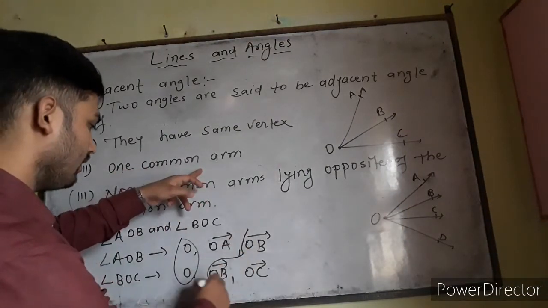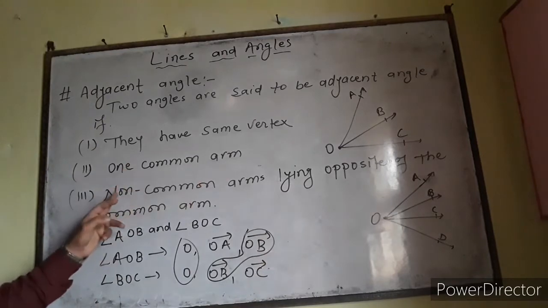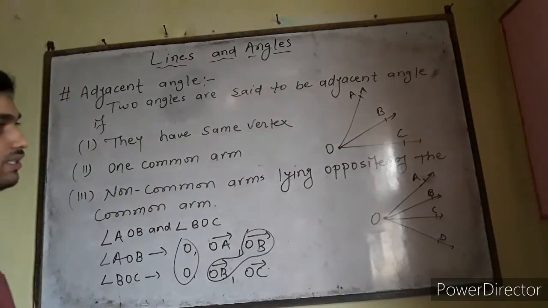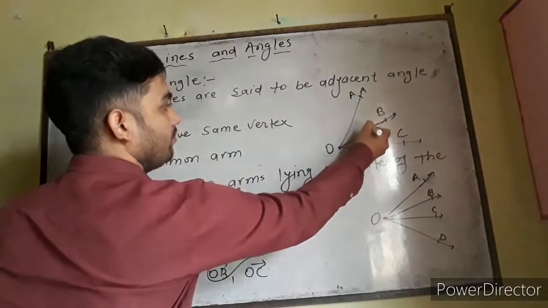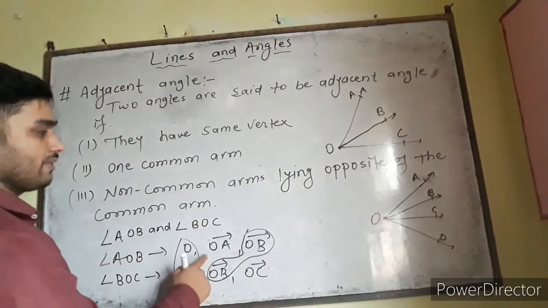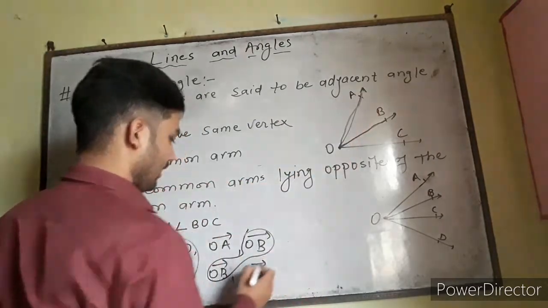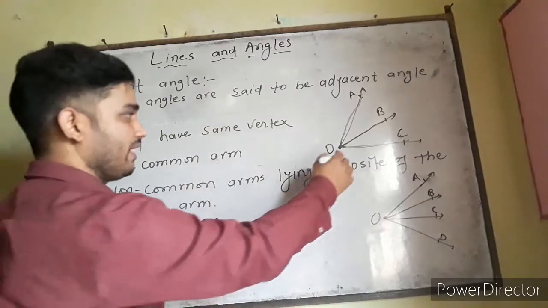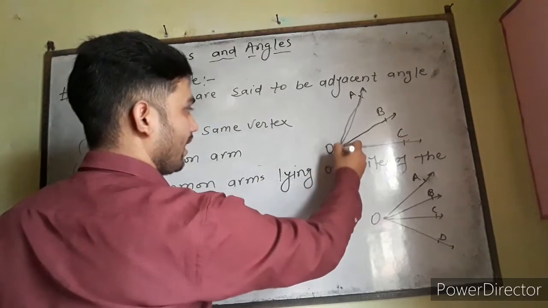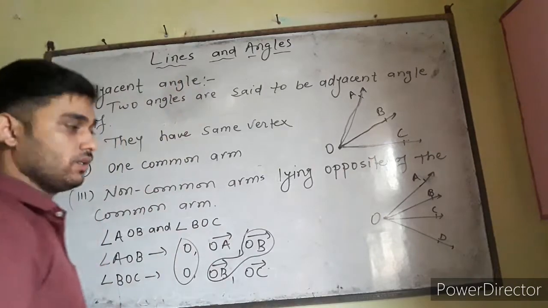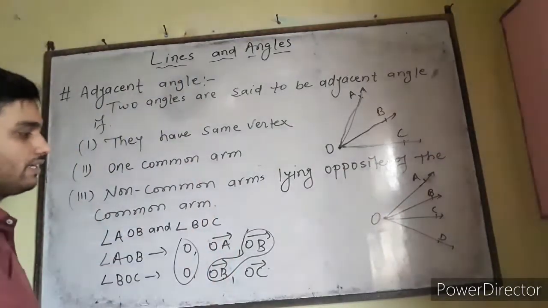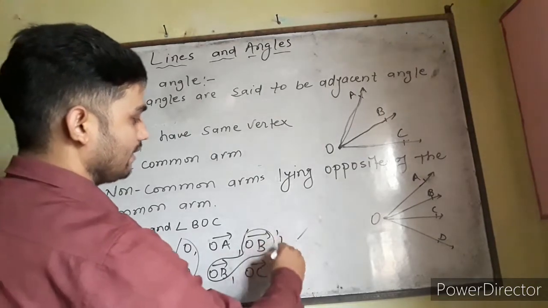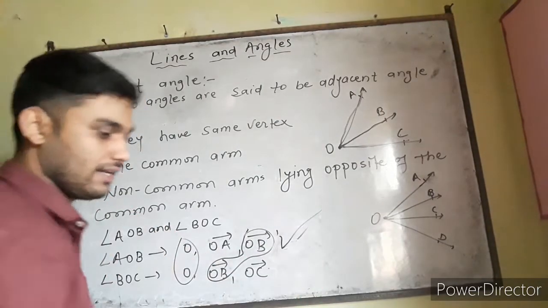Yes, OB is the common arm. Next is the non-common arms lying opposite of the common arm. Which one is the common arm? This one is the common arm, and the non-common arms are OA and OC. They are lying opposite of the common arm. We can see OC and OA are lying opposite of OB. So these three conditions are satisfied here. So we can say yes, this is an adjacent angle. Again, let's see another example.